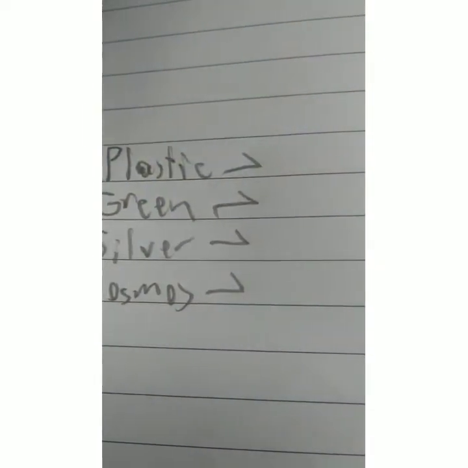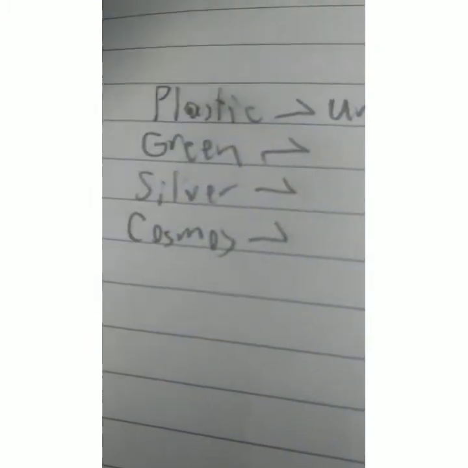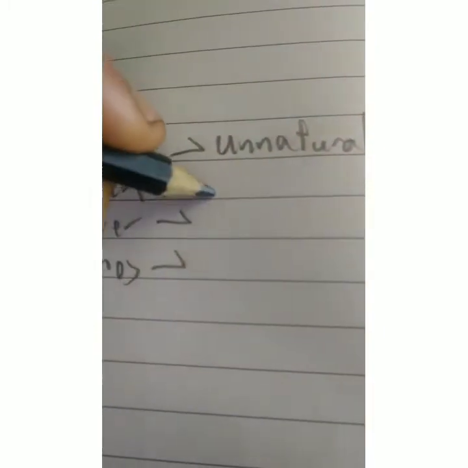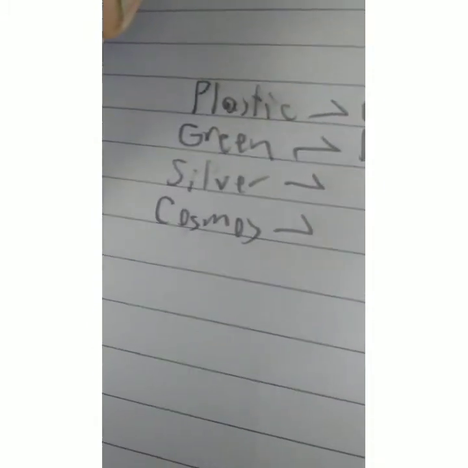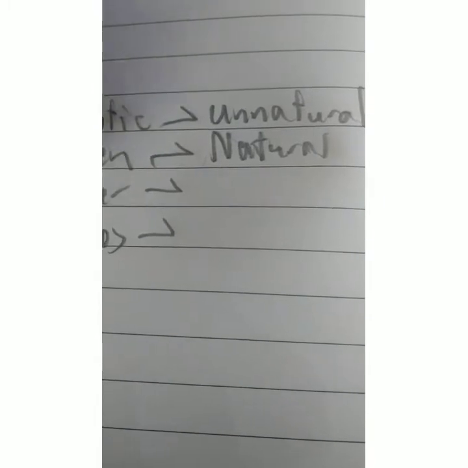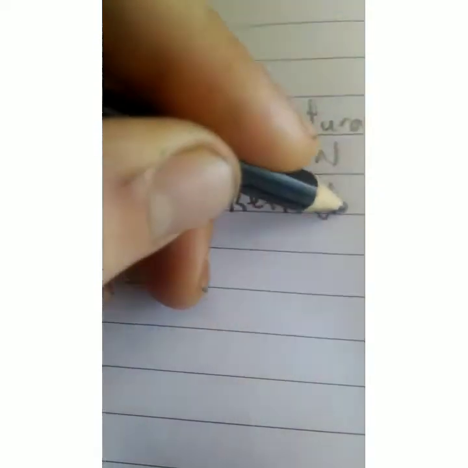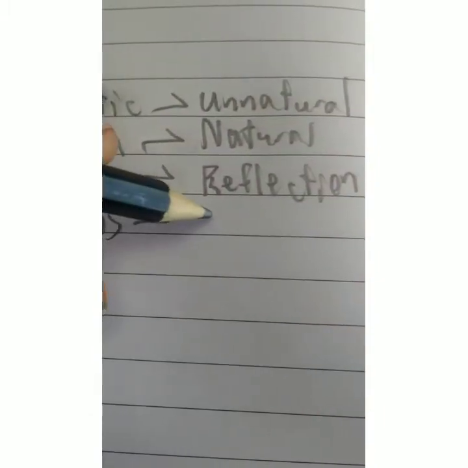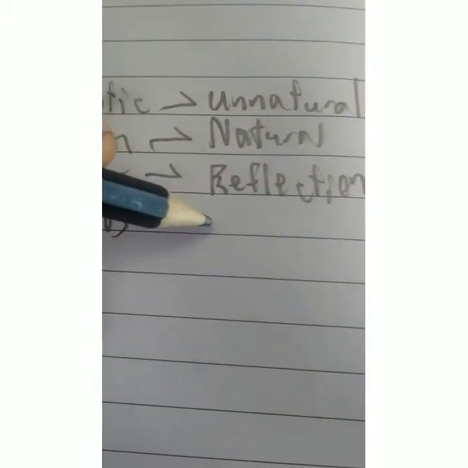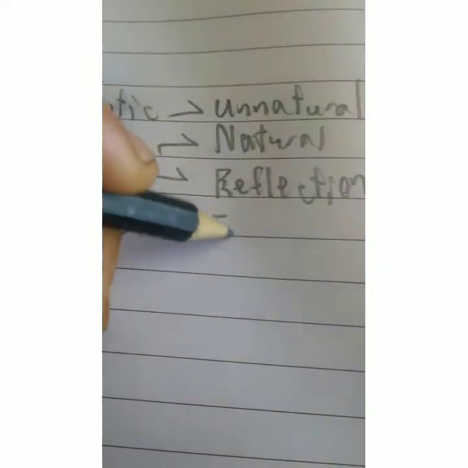So you'd go, plastic is something like unnatural. Green would be maybe natural. Silver could be reflection. That is badly written R. And cosmos could be travel.